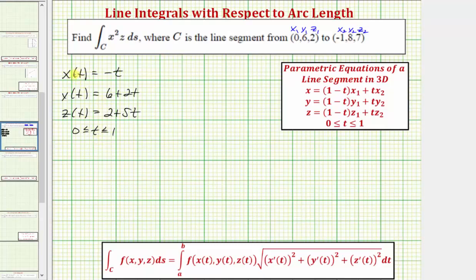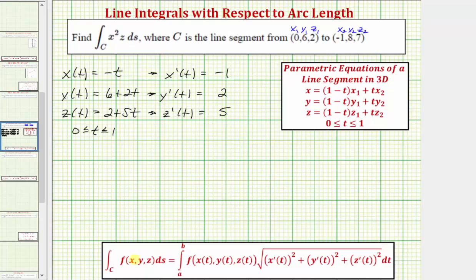Let's go ahead and find x prime of t, y prime of t, and z prime of t. So x prime of t is the derivative of -t with respect to t, which is -1. Y prime of t is the derivative of 6 plus 2t, which would be 2. And z prime of t is the derivative of 2 plus 5t, which would be 5.